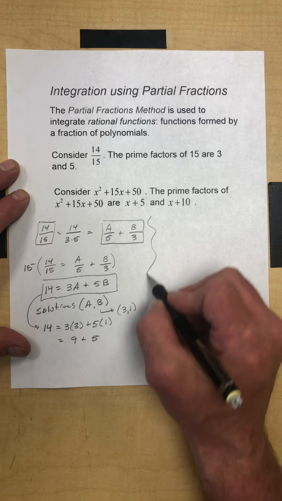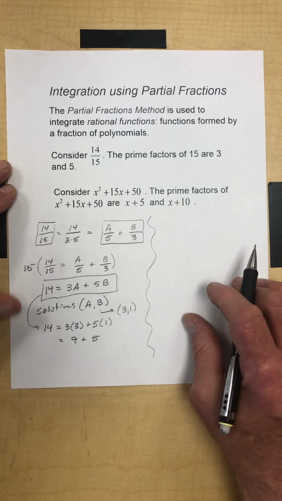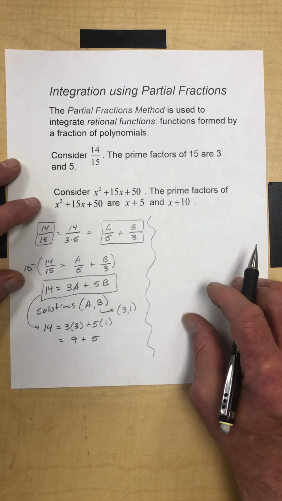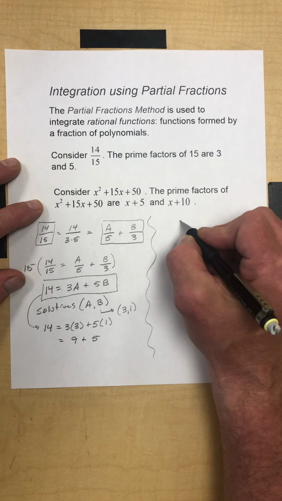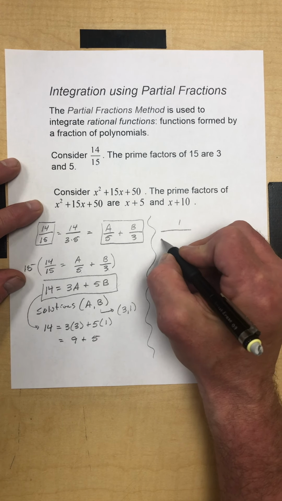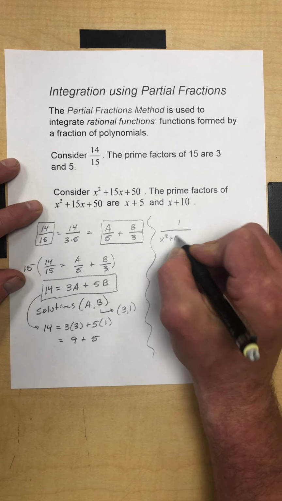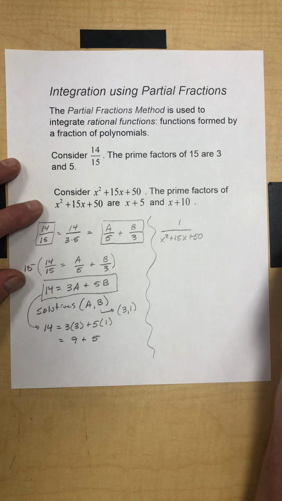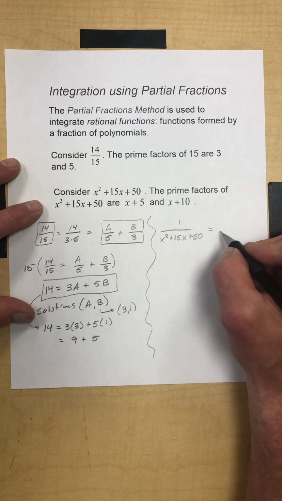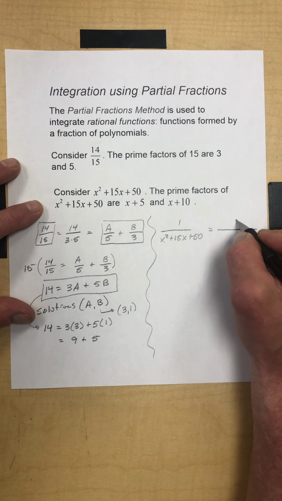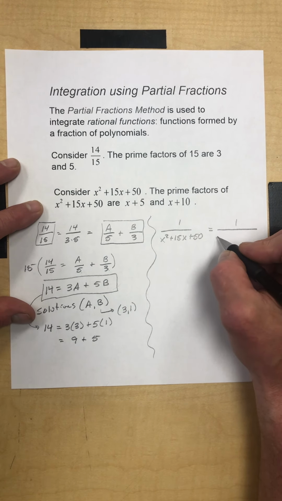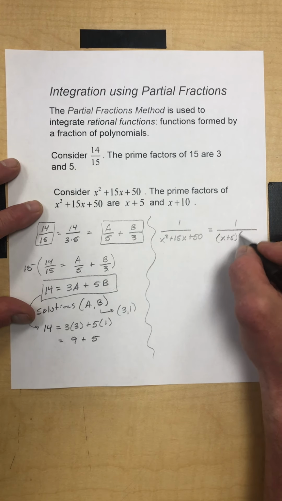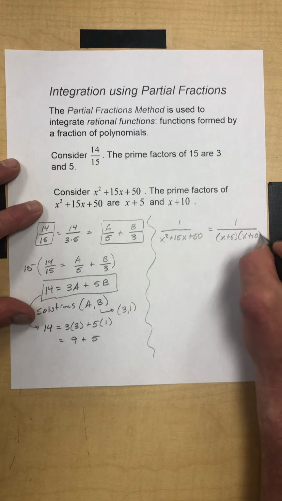Well, the same thing happens with polynomials. Let's suppose we had 1 over x squared plus 15x plus 50. We could break this denominator down into its prime factors by factoring it, so you would have x plus 5 times x plus 10.